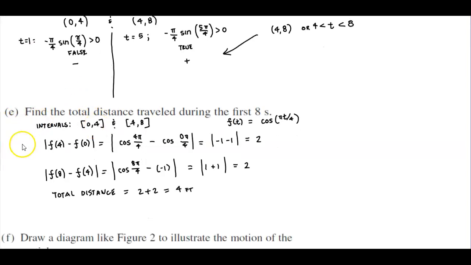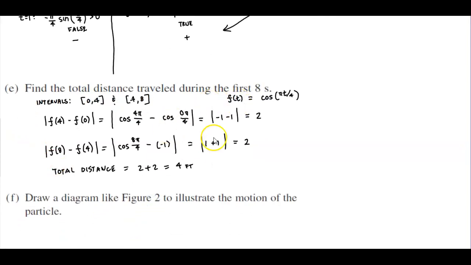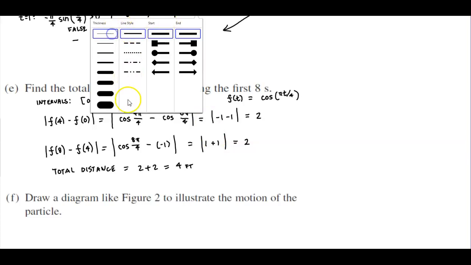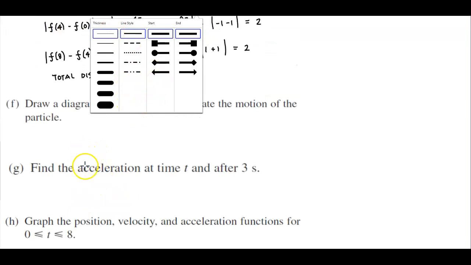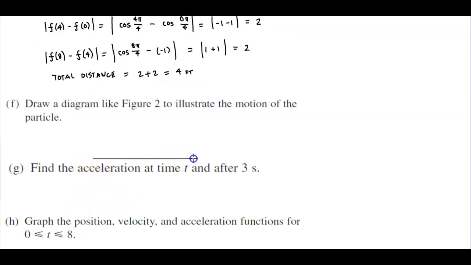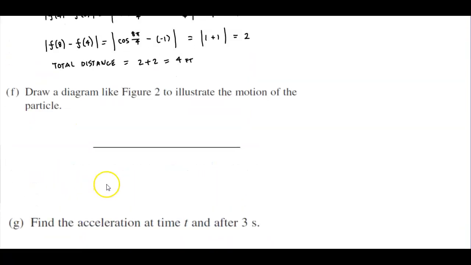Okay, so now let's go ahead and draw the diagram from this information that we got here. Let's say here this is 0. We know that this is representing our position function.